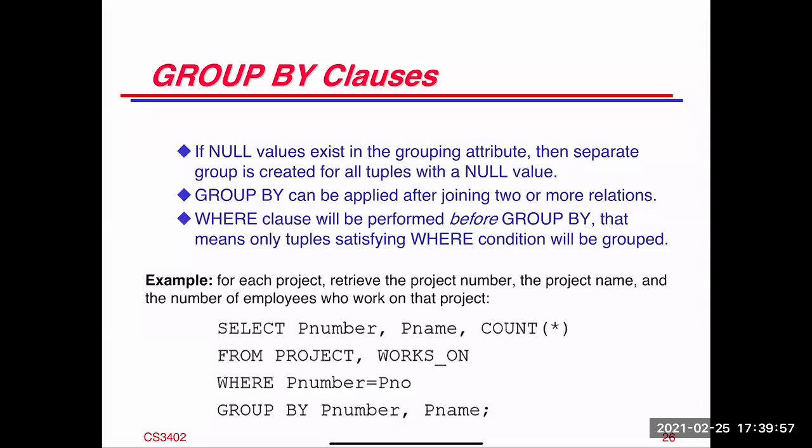There's a question, first the p number, then p name? No, both of these need to be the same, right? So only tuples that have the same value in both of these will end up in the same group.